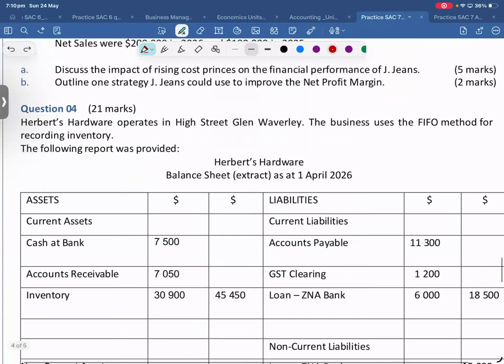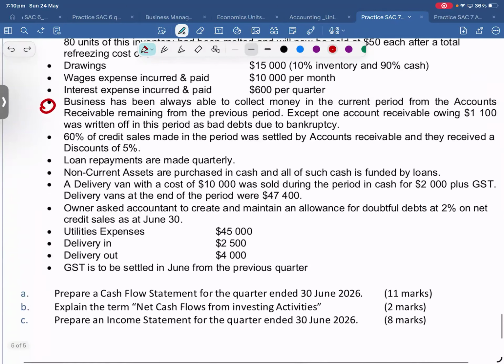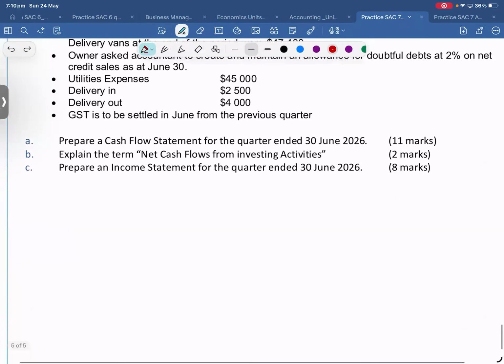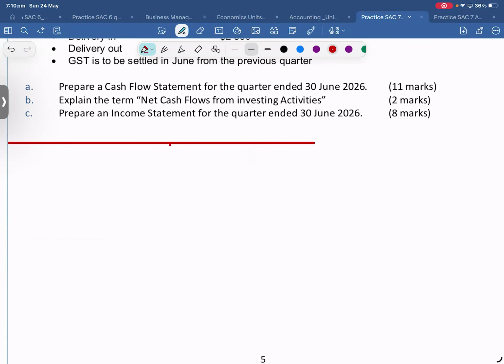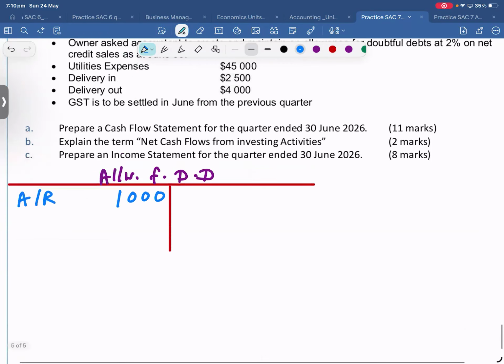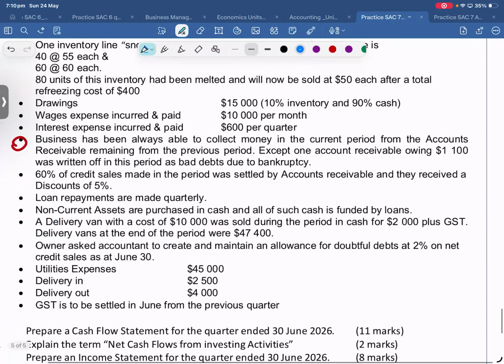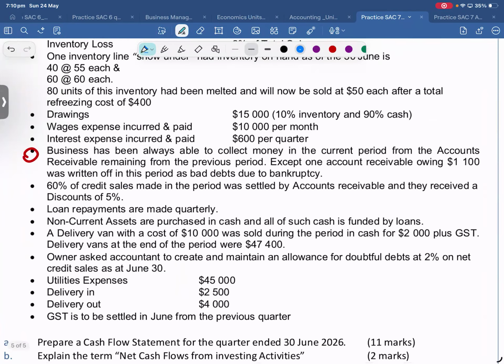Okay, so shall I draw an allowance for doubtful debt account somewhere? Yeah, I can do it here as well. Allowance for doubtful debt will be debited, guys. How much? 1,100. We don't know a date. It says during the period.